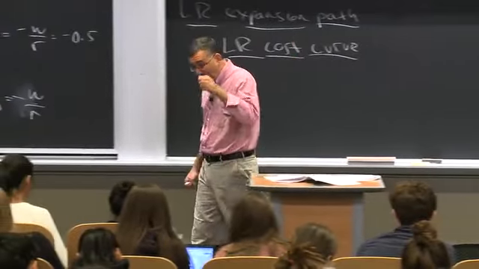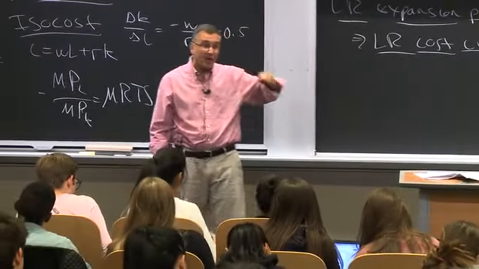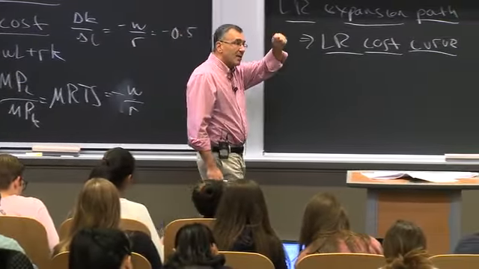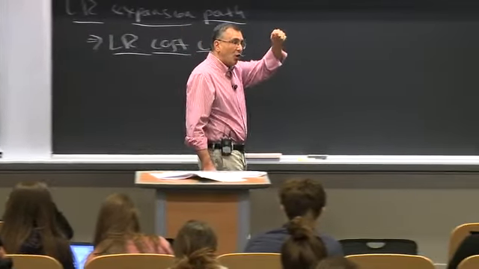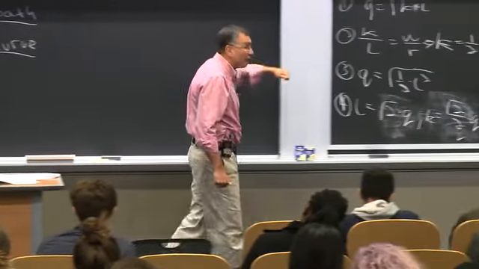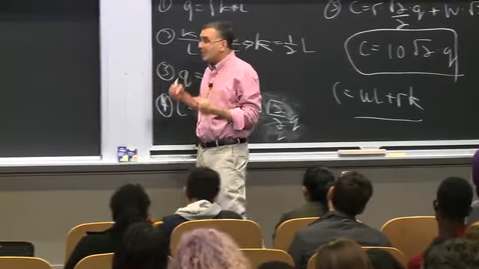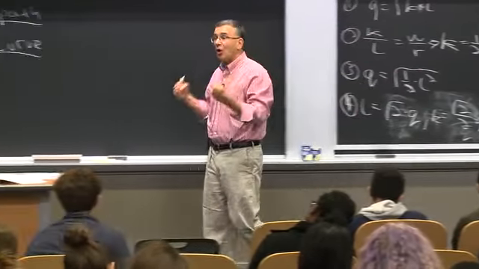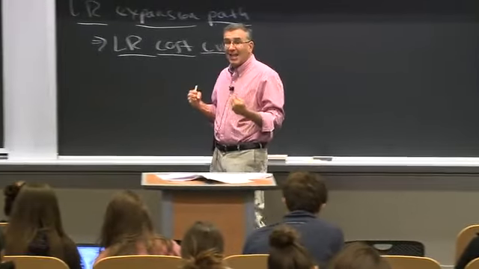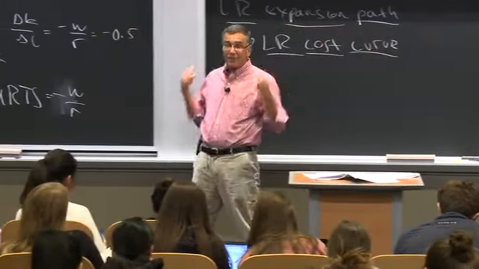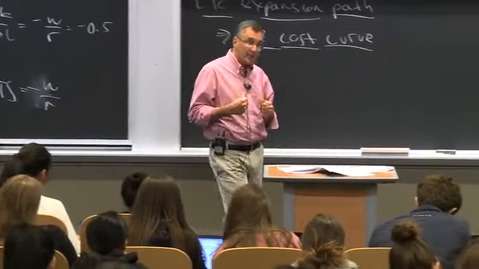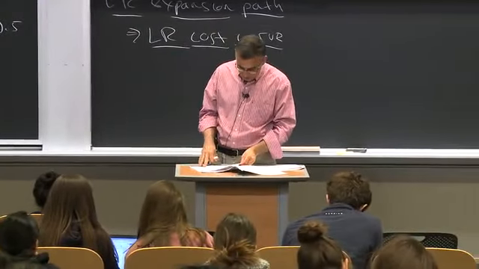Because for every level of production, it tells you the optimal combination of L and K. Given the price of L and K, that will tell you the costs. And so you trace out the costs with every level of production. This is your cost curve. This long-run expansion path tells you what the costs are for every level of production, and it tells you that because you're doing the efficient level of production. That's what the long-run expansion path is telling you.